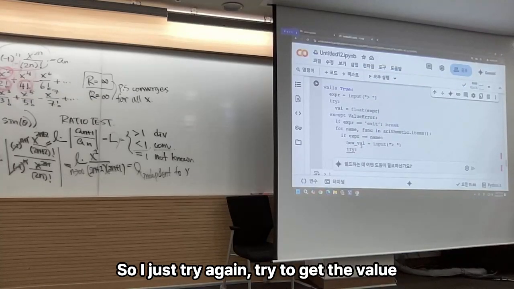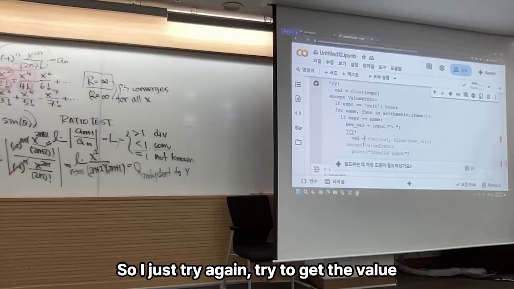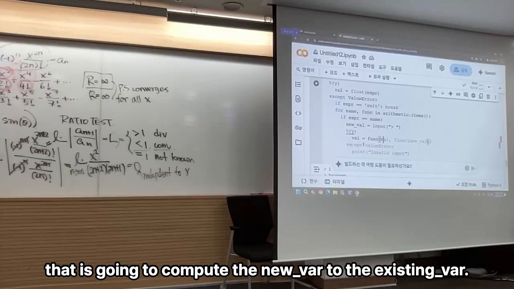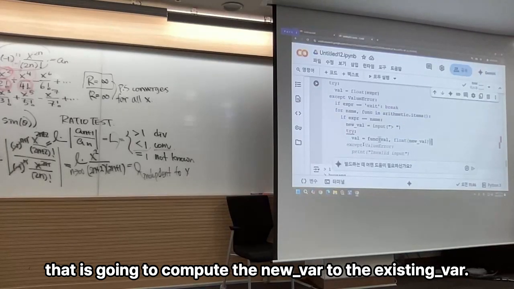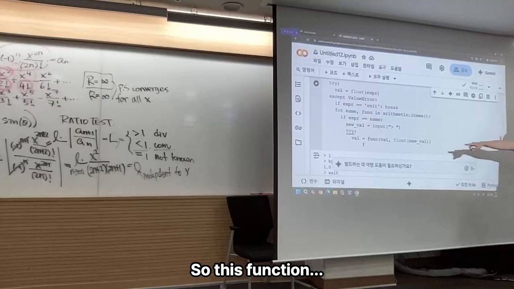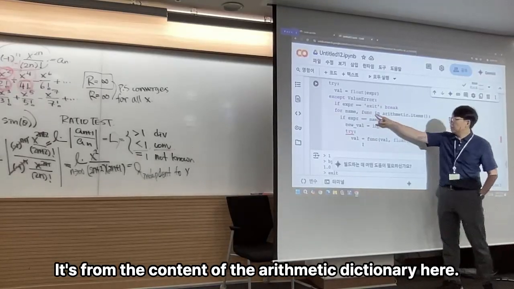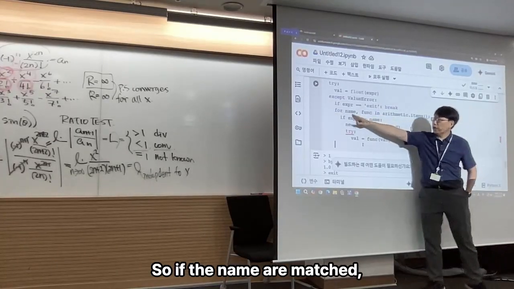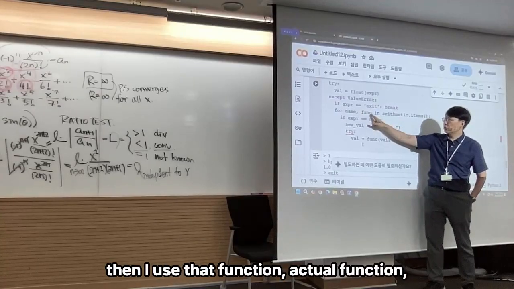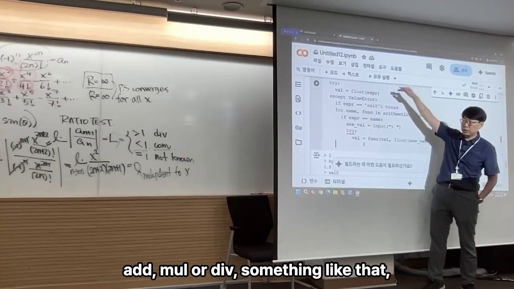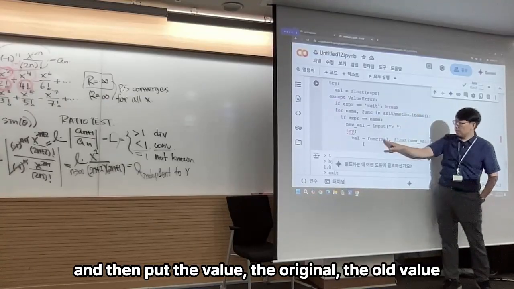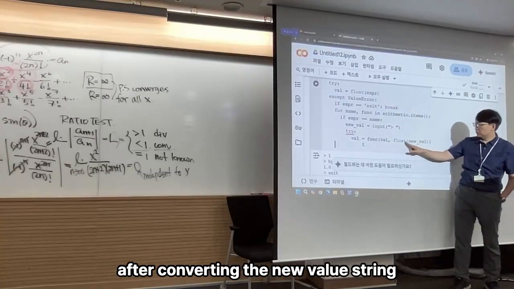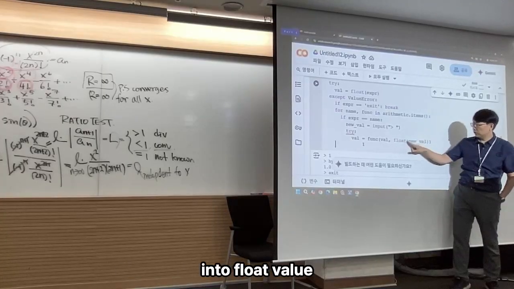So I just try to compute the new var with the existing var. This function is from the content of the arithmetic dictionary here. So if the names are matched, then I use that actual function, add, mul, or div, something like that, and then put in the old value and the new value after converting the new value string into a float value, and then compute.